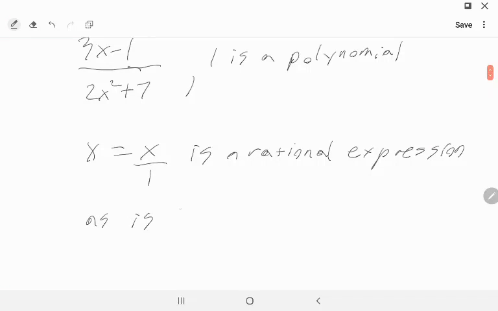As is 5, which equals 5 divided by 1. And so we notice that all of our classic polynomials are also rational expressions. Rational expressions include all of our polynomial expressions as well.